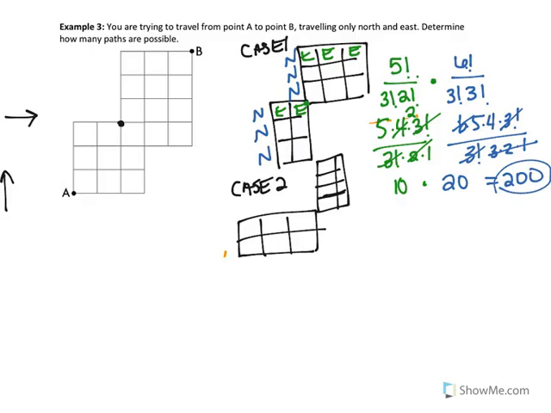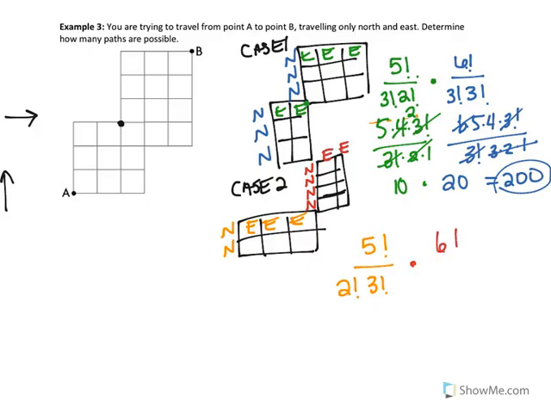Now let's do case 2. We have 2 norths and 3 easts, which is a total of 5 blocks. So we have 5 factorial divided by 2 factorial, 3 factorial. And then we have 4 norths and 2 easts.